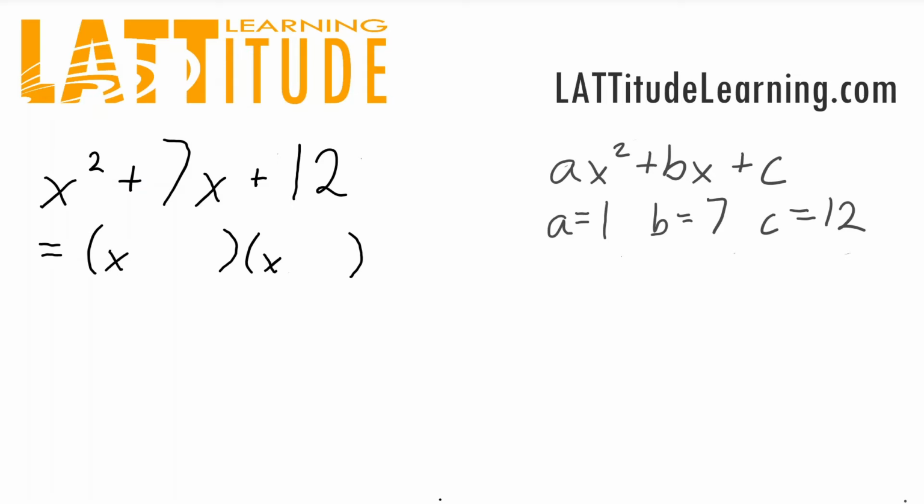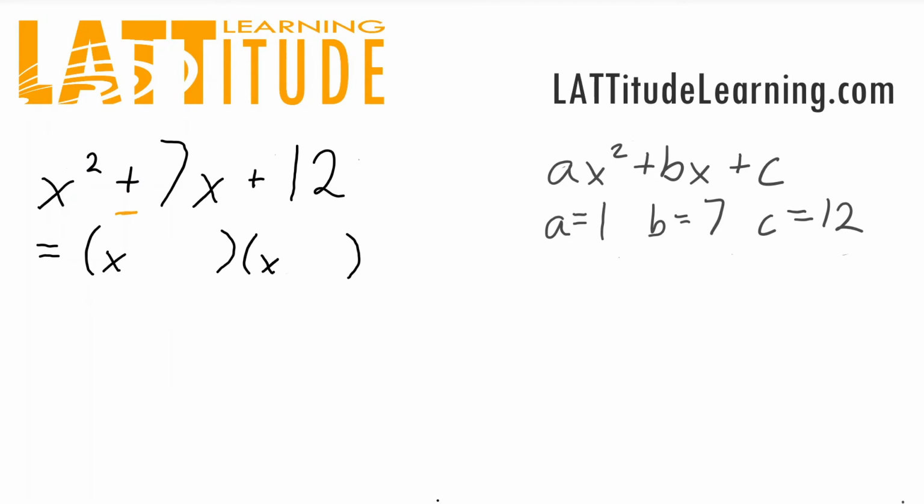And then the next thing I'm going to look at are the signs for b and c. And I see that they are both positive. So that means that the operations in both binomials is going to be addition. So I'm going to go ahead and set that up as well.